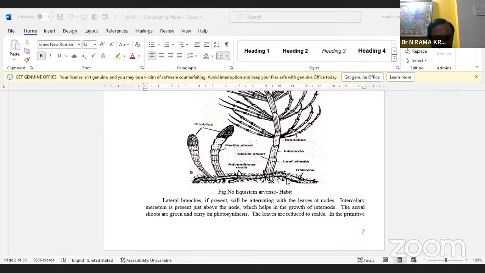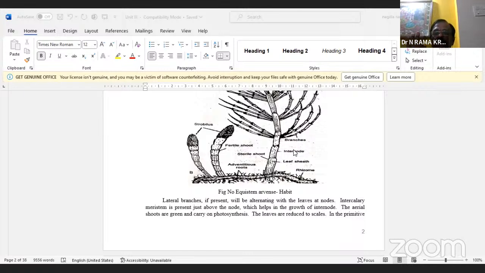At each node there is a whorl of scales fused at their base into sheaths. The scale leaves are without chlorophyll. Here we are looking at two types of aerial stems: one is the fertile aerial stem, and the second one is the sterile aerial stem.